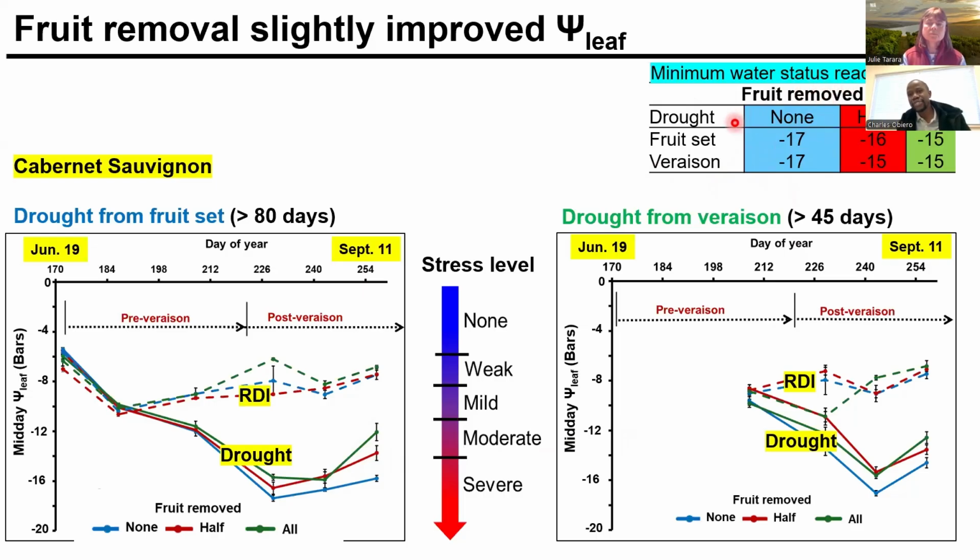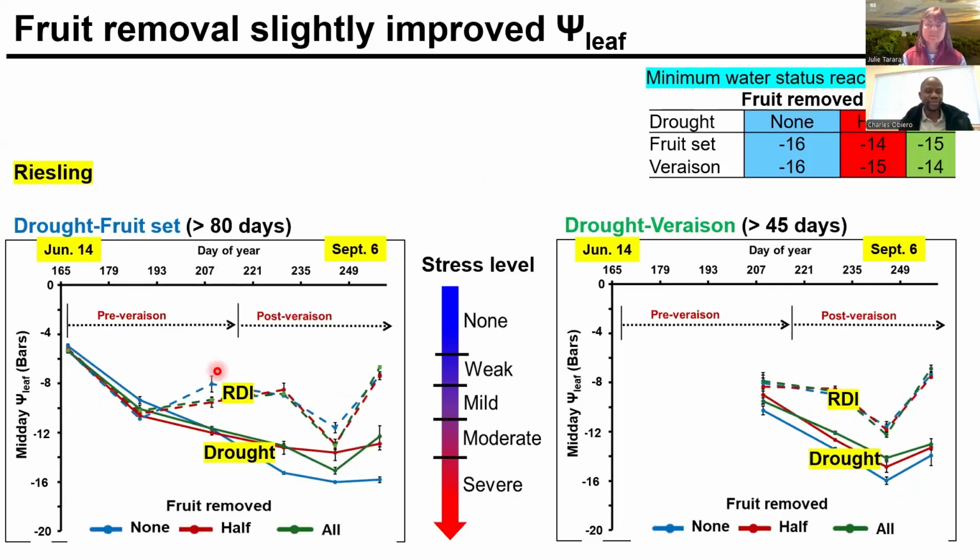So we have drought from fruit set and drought from veraison. Here is a vine that I did not remove the fruit from, here is the other vine where we only removed 50% of the fruit, and all the fruits removed. If you look at the difference, it is about 2 bars. Is 2 bars going to make a huge difference?